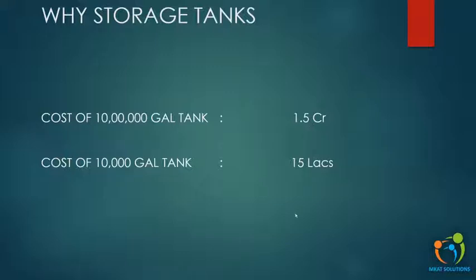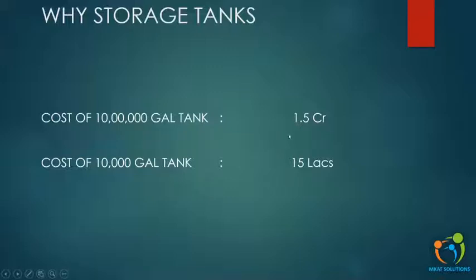Correct. So you can see that capacity is defined as pi d square into h, right? Diameter is squared. So if I increase the diameter, my capacity becomes the square of that. You can see 100 times, and the cost is only 10 times.